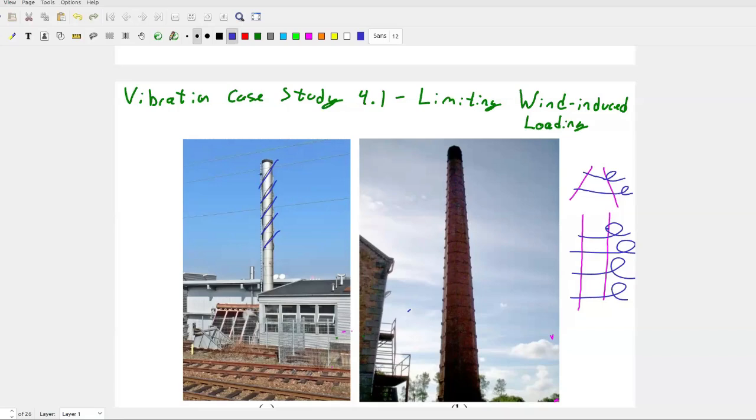There are other reasons to taper a smokestack also. There are thermal reasons, kind of combustion reasons. It's a vibrations class, so we're just going to focus on the vibrations reasons why you want to taper a smokestack.